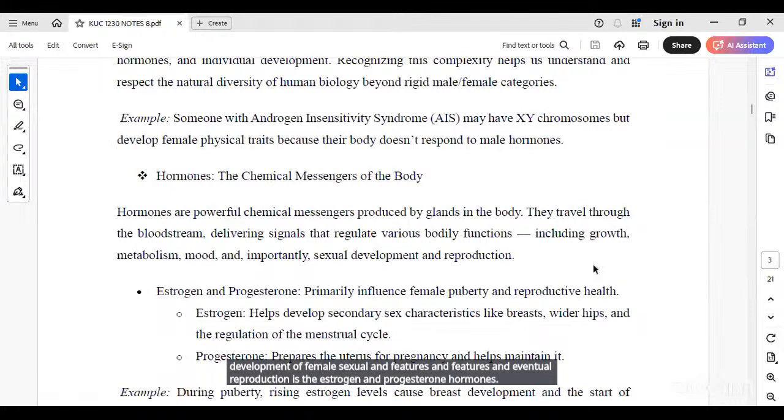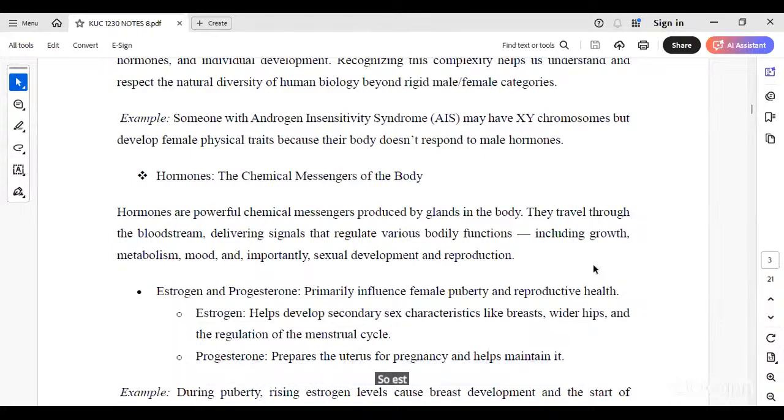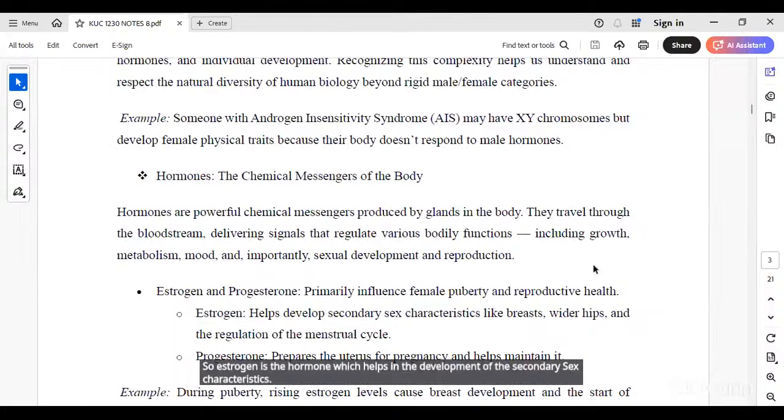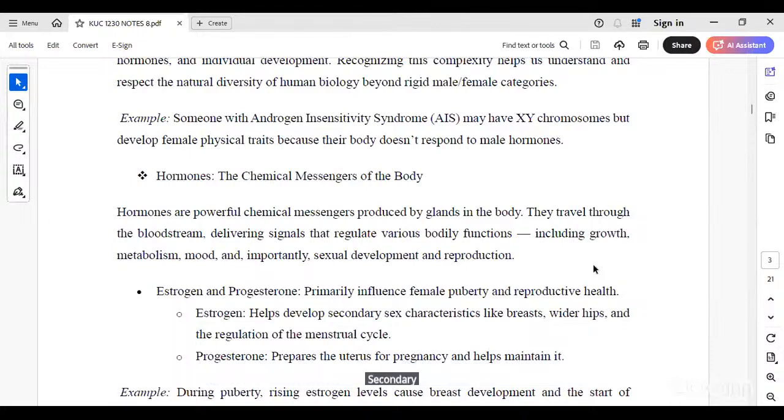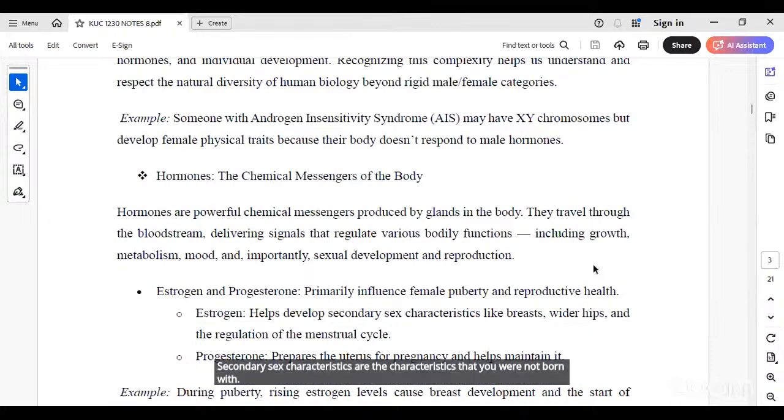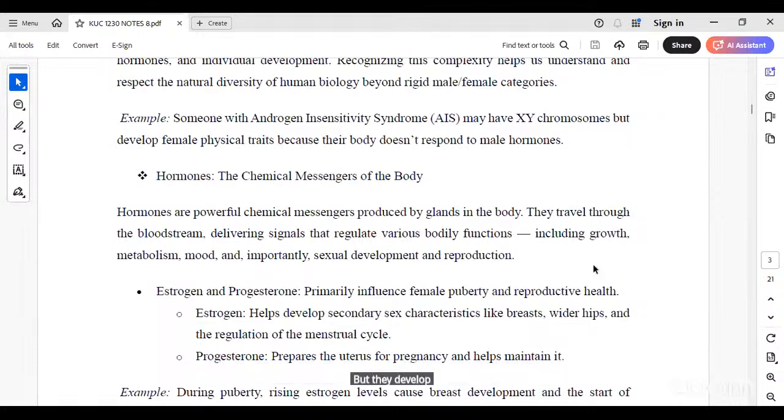These two hormones primarily influence female puberty and reproductive health. Estrogen is the hormone which helps in the development of the secondary sex characteristics. Secondary sex characteristics are the characteristics that you were not born with, but they develop when you've matured.